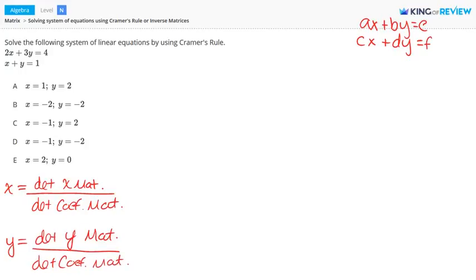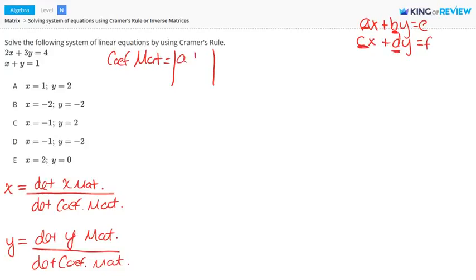So what are these matrices? Let's first look at the coefficient matrix. The entries in this matrix are the coefficients of our x and y terms.